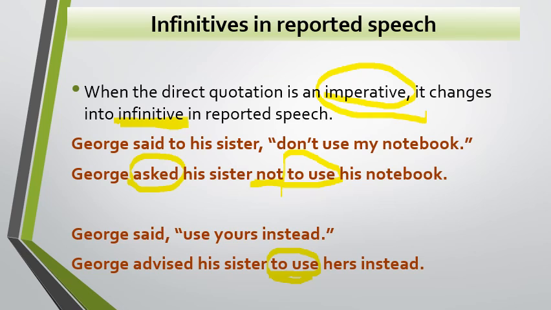These are the slight changes that we made when we changed this direct speech, which is an order, into indirect speech. We can keep the same verb as it is: George said to his sister to use hers instead. Alright, sometimes you get confused and you don't know which verb to use.